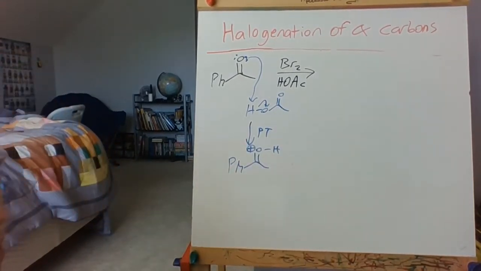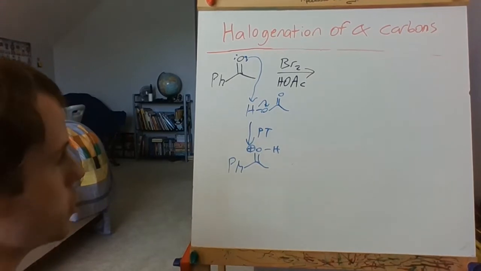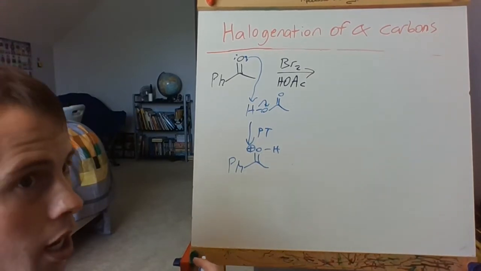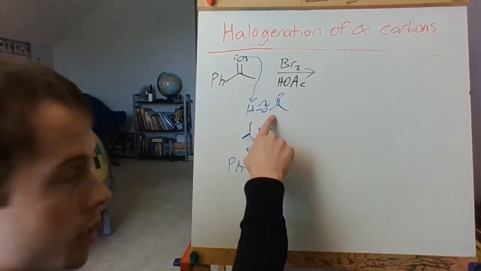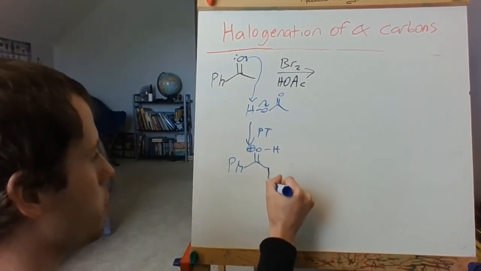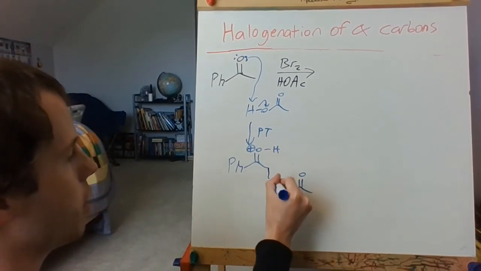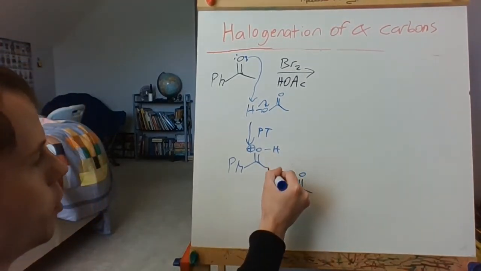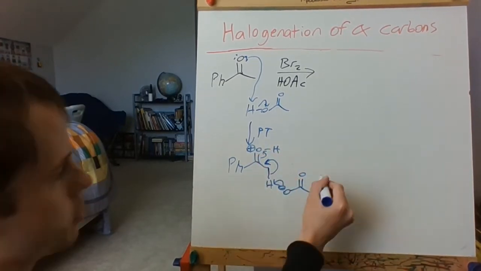Now once we're here, we want to generate our enol. Think back to the keto-enol tautomerization mechanism that I showed before spring break. Once this acetate is generated in this step, it's then going to come back and pull off this alpha hydrogen here, moving these electrons down and moving these electrons up.